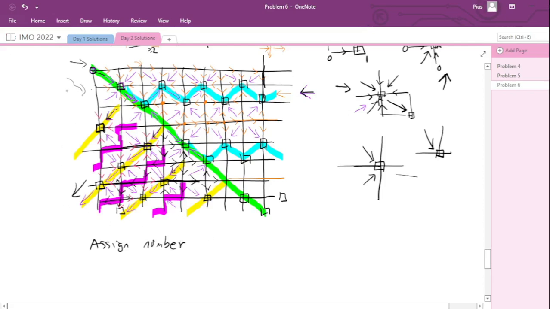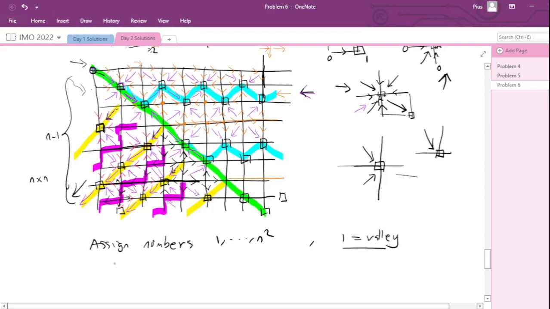So that means there are now n minus 1 by n minus 1 squares here. So we now have n by n vertices. Okay, so I want to assign numbers 1 up to n squared. So we're going to just do this. First of all, 1 will be the valley. There's only one valley. We just pick the smallest number to be that valley. 1 is perfect for that.